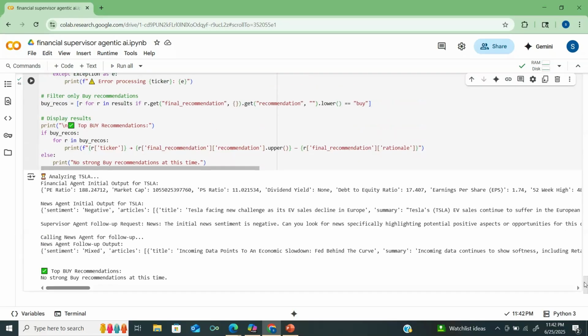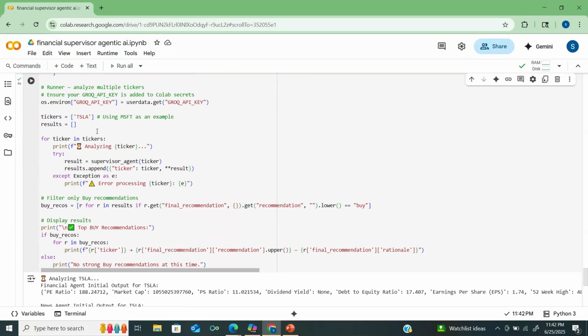Let me change to another stock, say Microsoft.